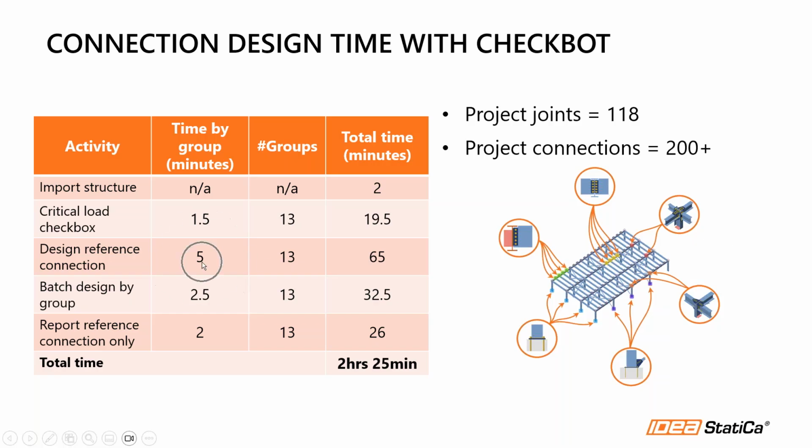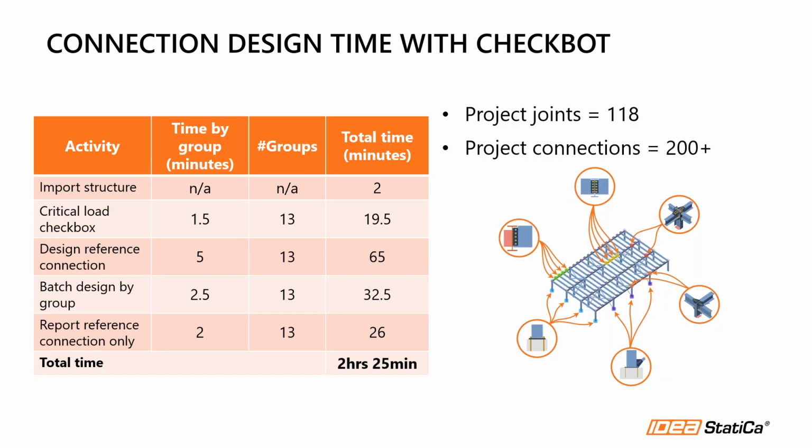So that's why I'm using just an average per group, right? So we defined that it took 2.5 hours to do the design of all the connections of this project, right?